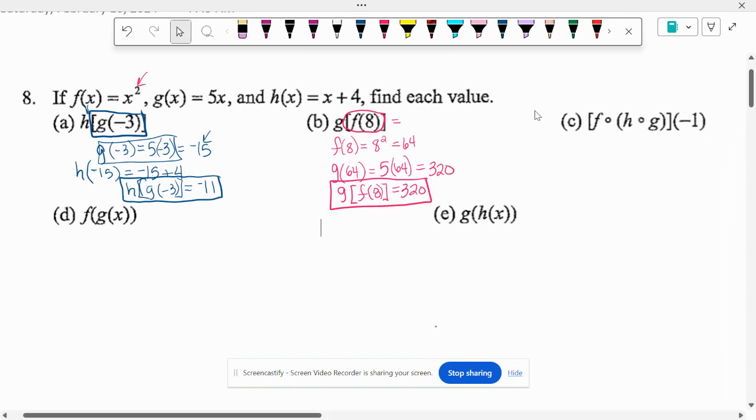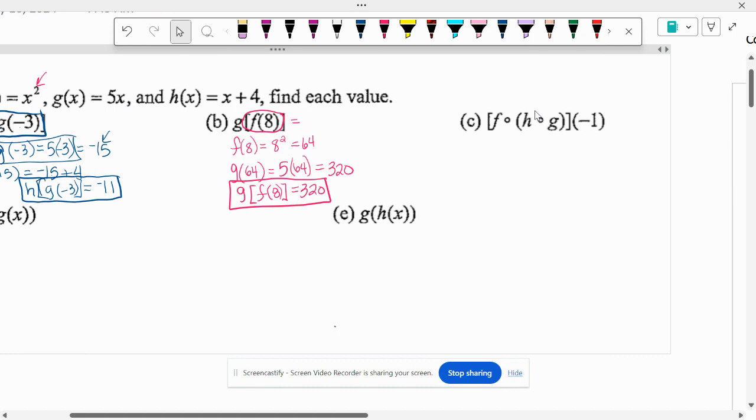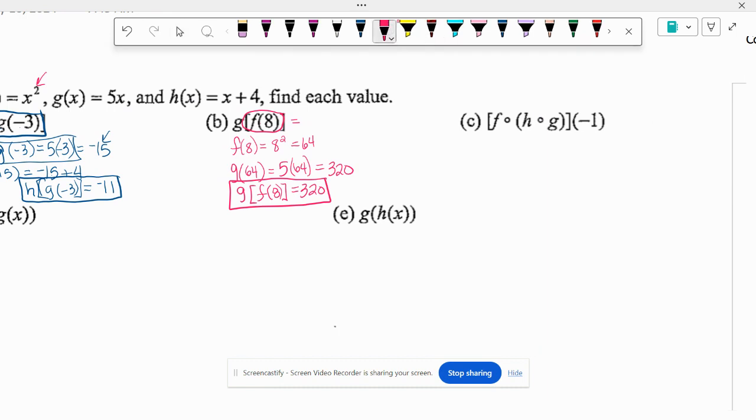Okay. When you use this little dot, this composition, it means the same thing. So this means that I'm going to evaluate g of -1 first. So g of -1, that's 5 times -1, and that equals -5. Then I'm going to evaluate the h function at g of -1, which is -5.